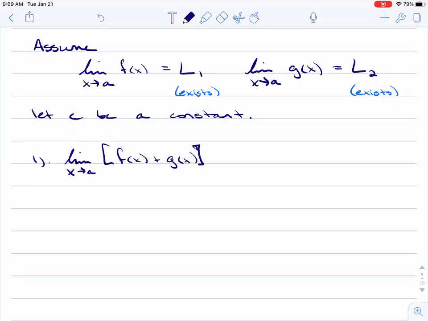We can rewrite that by bringing the limit inside and saying that's the same as the limit as x approaches a of f of x plus the limit as x approaches a of g of x. But both of those can be replaced. So we can say that's the same as L1 plus L2, right? Because we know the limits of those two individually.